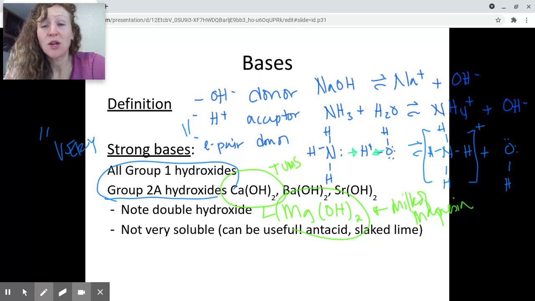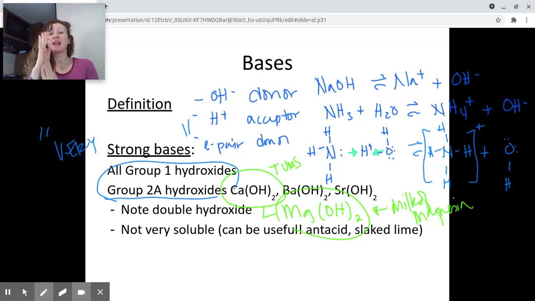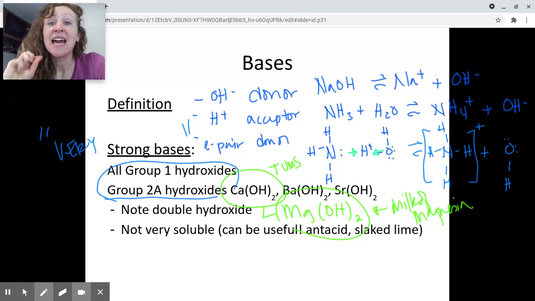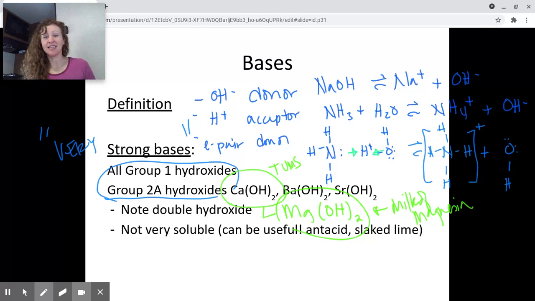So these things don't actually dissociate. We can grind them down mechanically, right, with our teeth, but they don't actually chemically dissociate until they hit acid. And then when they react with acid, they act like a strong base. The acid that's in your stomach, that's why you're eating them, right? It's to control the acid in your stomach.